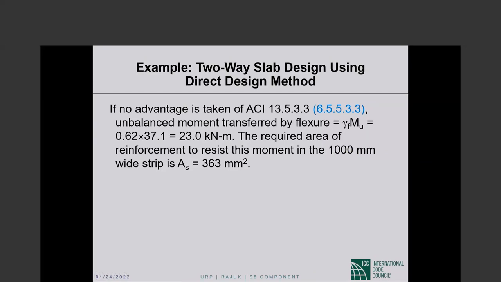So the required area of reinforcement to resist this moment in the 1000 millimeter wide strip is 363 square millimeters. You can calculate that pretty easily. So this is our transfer moment. If we want to stick to 62% going by flexure, and that moment requires 363 square millimeters of reinforcement in the moment transfer band.